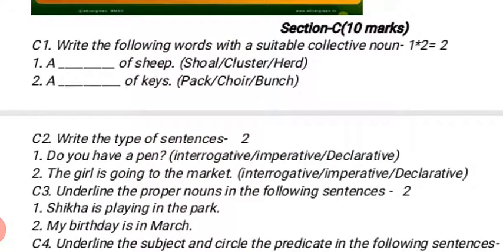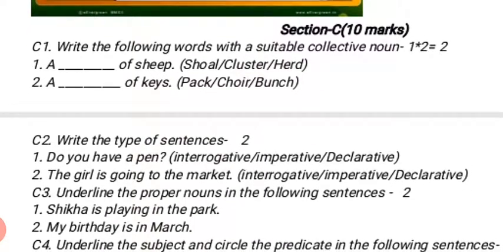Now we are coming to section C. It contains 10 marks. Clear? Here the question number 1, C1. Write the following words with a suitable collective noun. 1 into 2 is equal to 2. Collective nouns means the nouns that refer to a group.